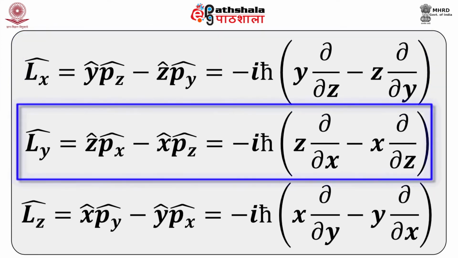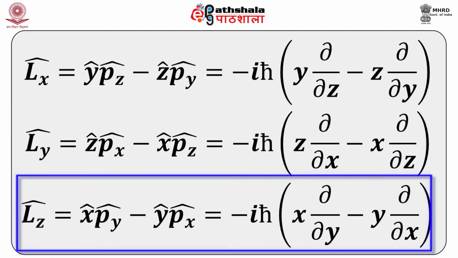Likewise, we defined Ly as z px − x pz, which is equivalent to −iħ(z ∂/∂x − x ∂/∂z). Thirdly, Lz is expressed as x py − y px, which is equivalent to −iħ(x ∂/∂y − y ∂/∂x).